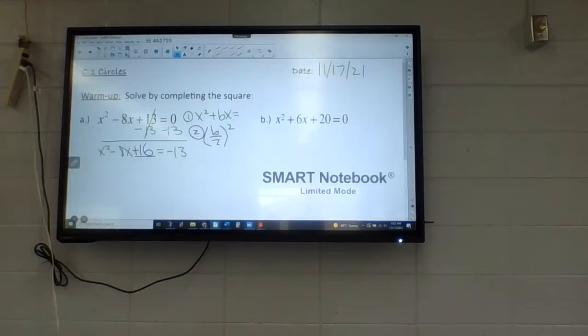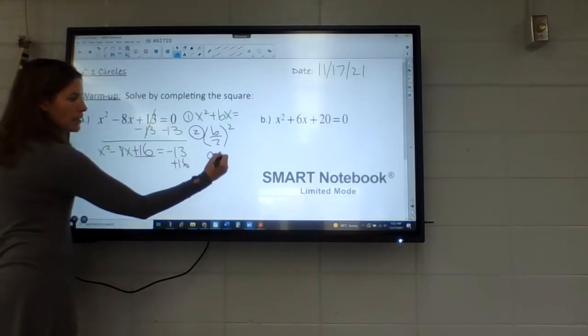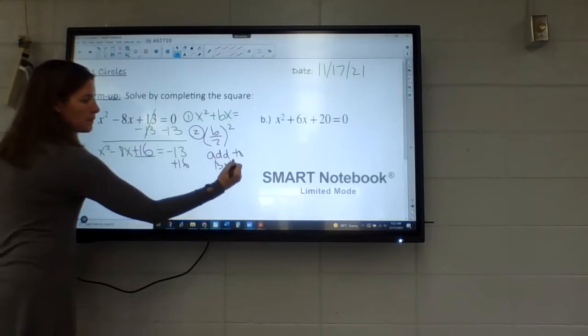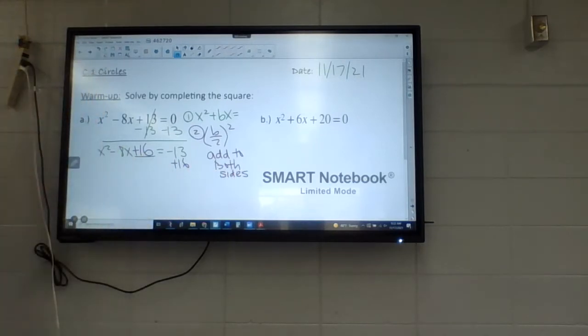Now if I do that to one side, to balance my equation, I have to do it to the other. So I'm going to add that to both sides. Now why this is good is because now this becomes factorable, and this will always work if I use that b divided by 2 squared.